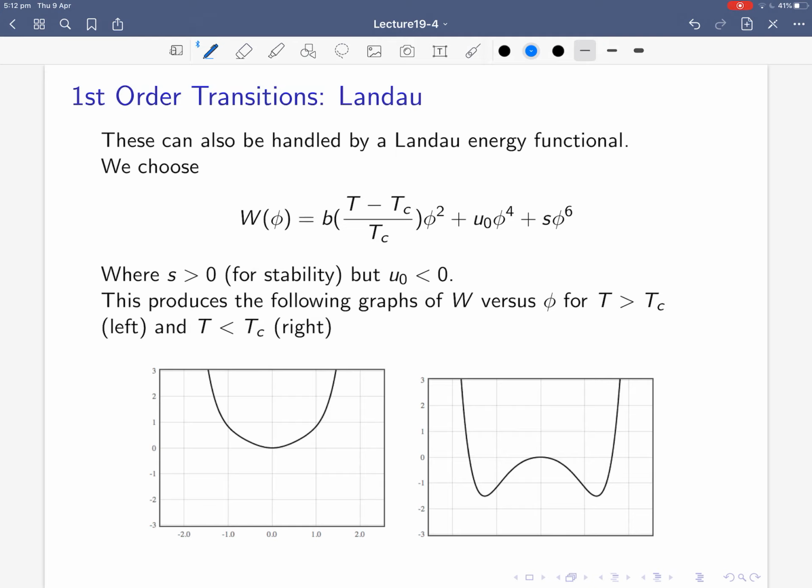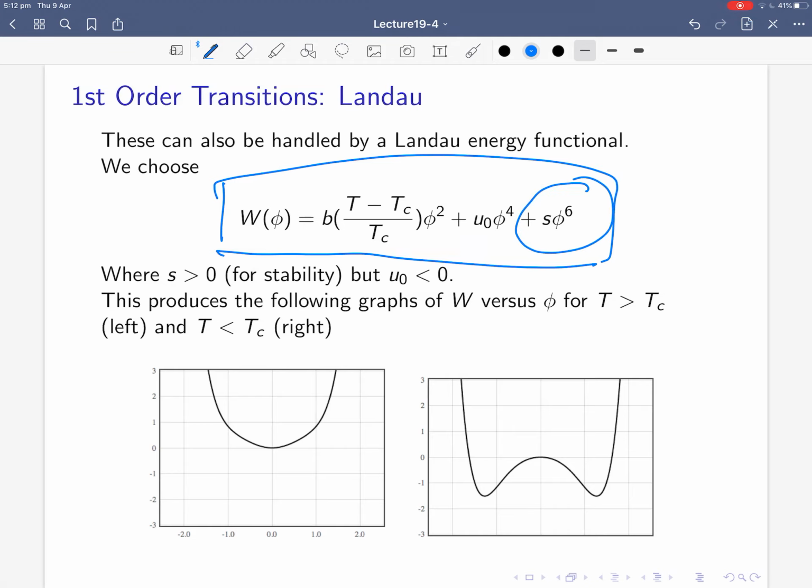Right, how do we manage to look at those using Landau-Ginzburg theory? Well, it's actually quite straightforward. We choose a Landau energy functional which looks like this. So we have here this final term, this φ⁶ term, its coefficient S is positive, so we get stability. We don't get something that goes down like this.